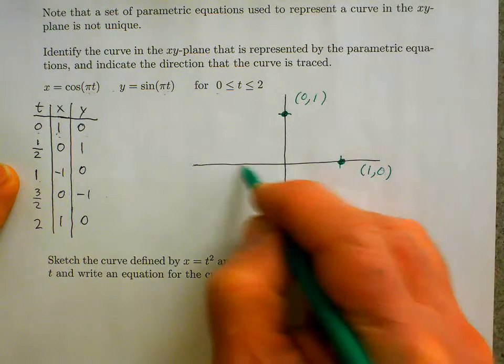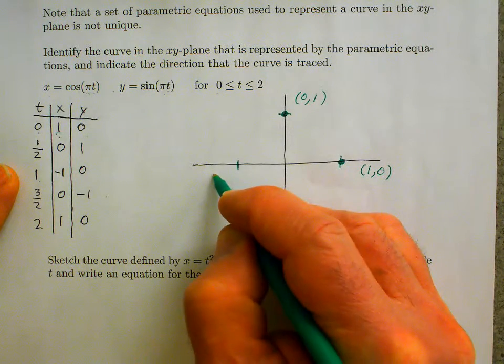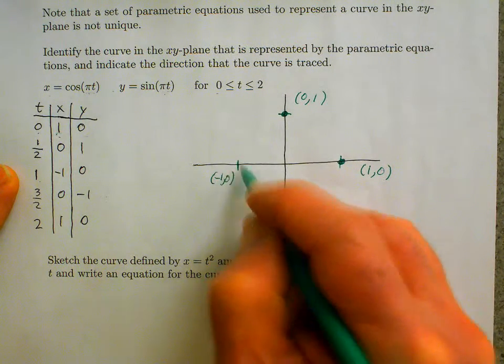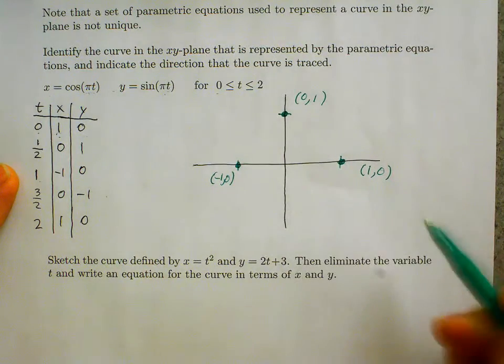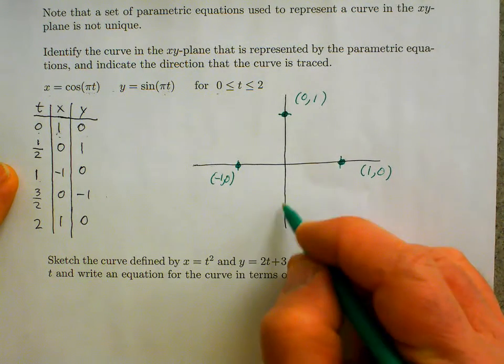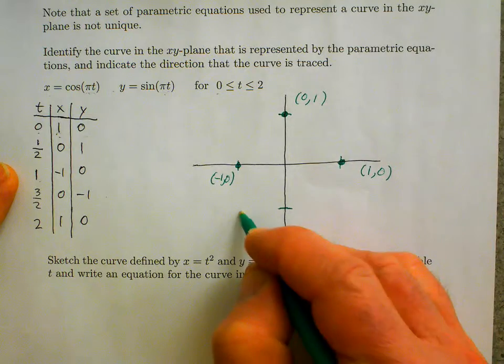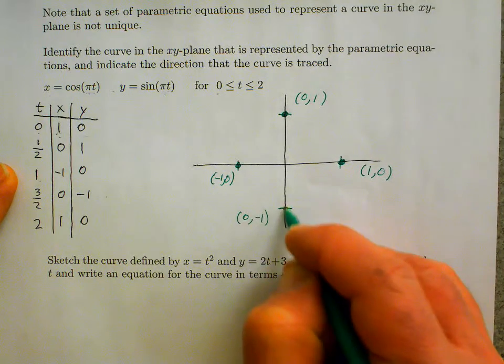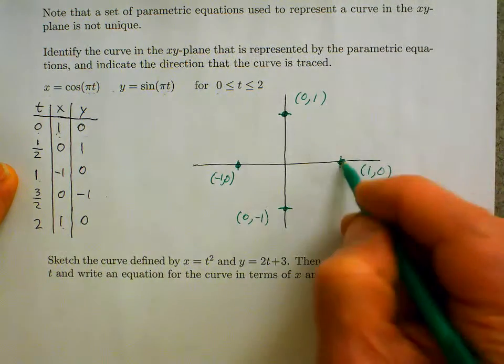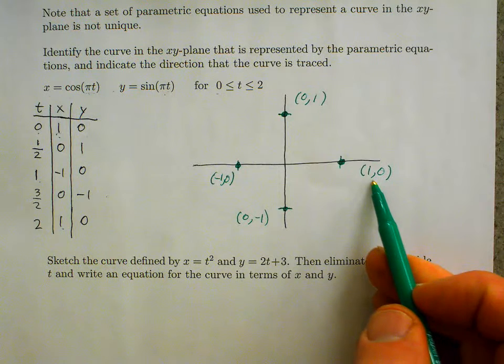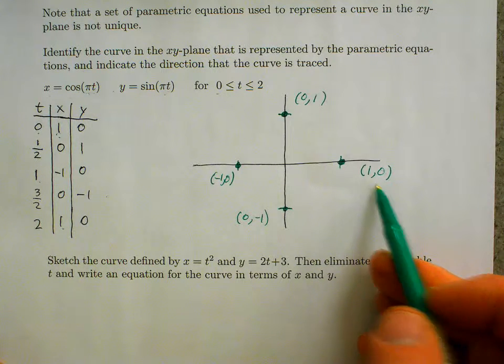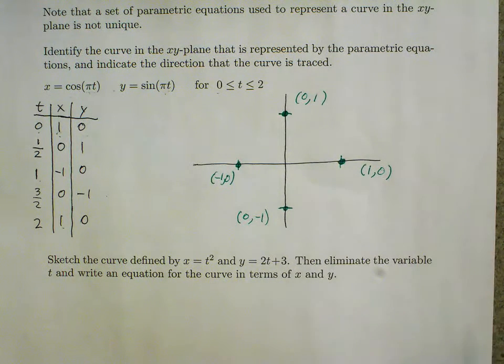Then negative 1, 0. Zero, negative 1. And then 1, 0. So our initial point and terminal point are the same. What does the curve look like in between those points?